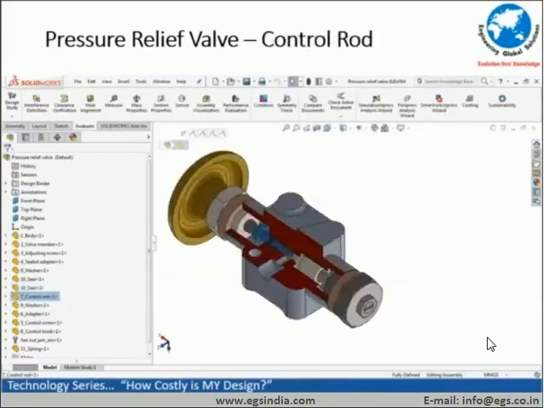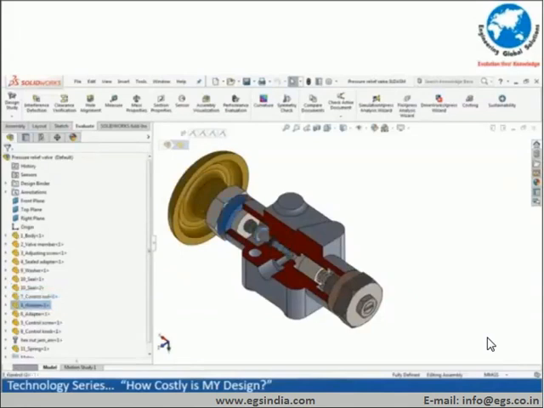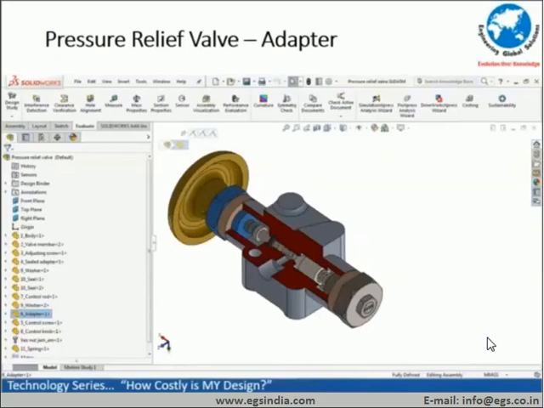And then you have the control rod, and the washer on the other side, followed by the adapter, the control screw, and the control knob, which is typically a component bought from outside and needs to be ultraviolet stable, otherwise it would end up breaking because it is in atmospheric conditions with the sun prevailing all over the place.